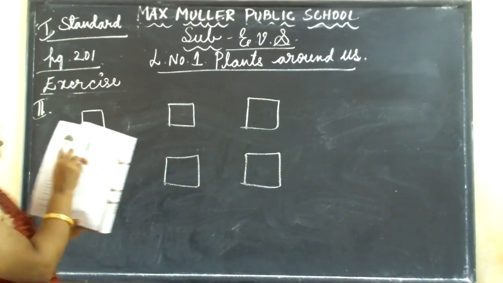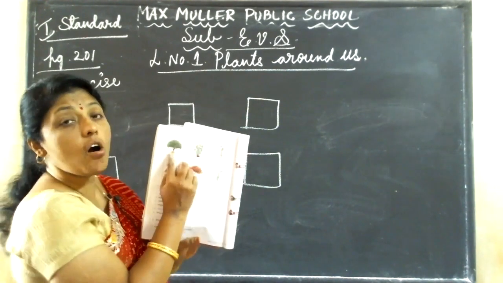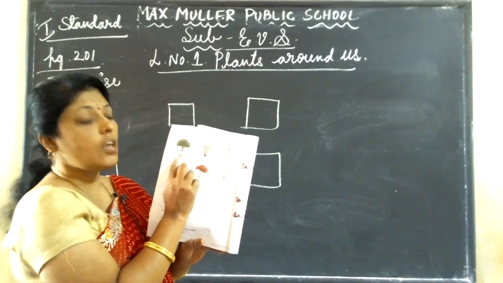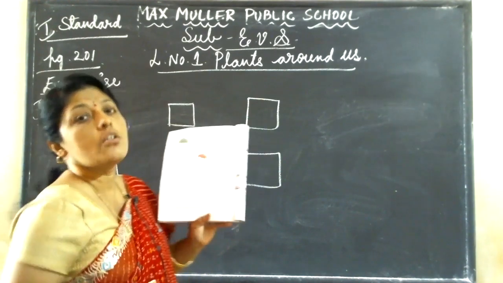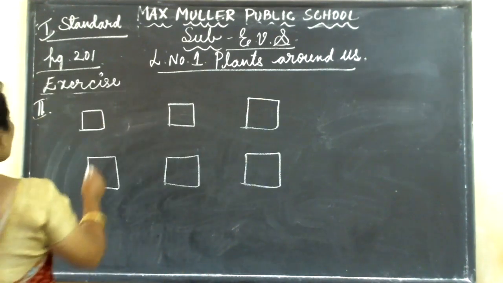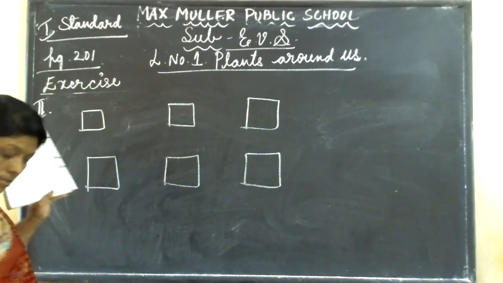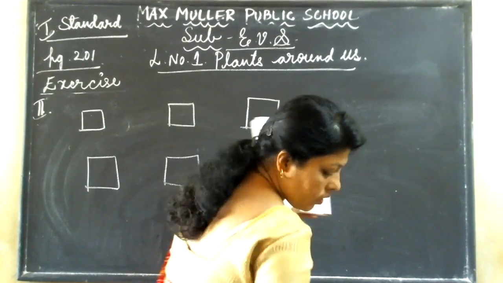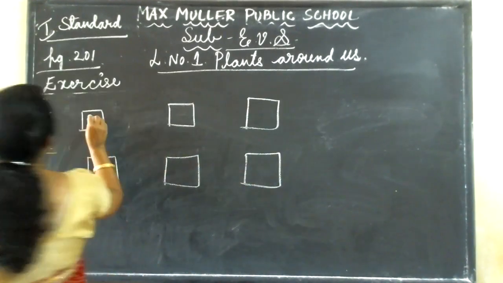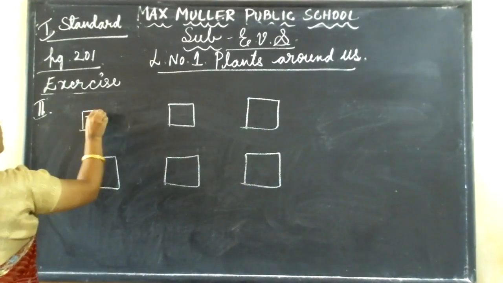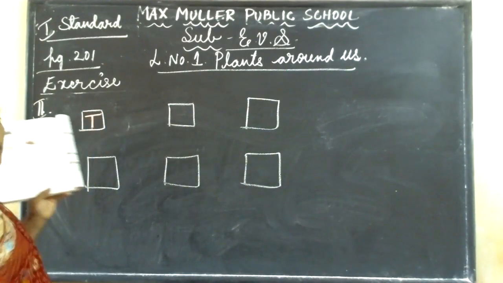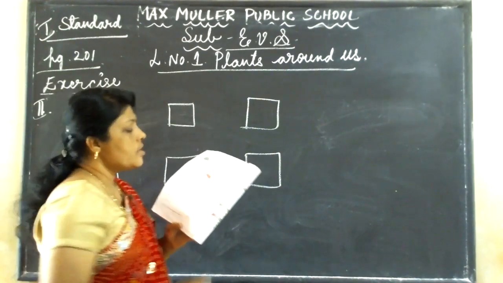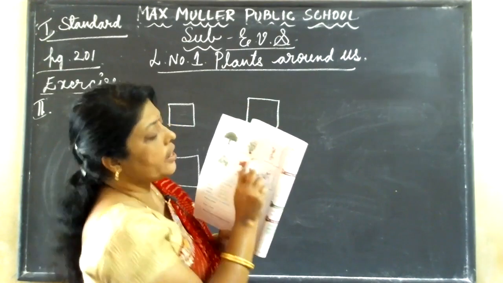See the first picture. What is this? They are very tall, isn't it? So they are very big and tall. What we call big and tall plants, we call trees. Yes, you should write T in that box. Come to the second picture.